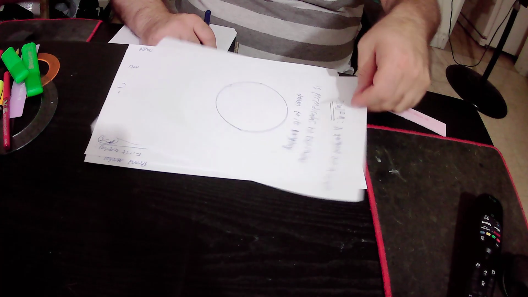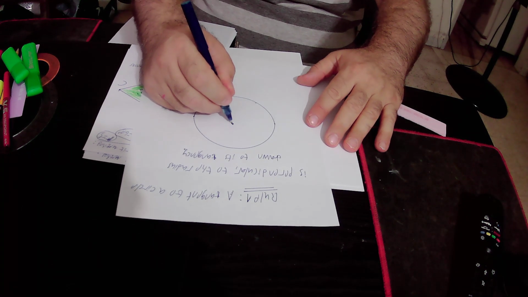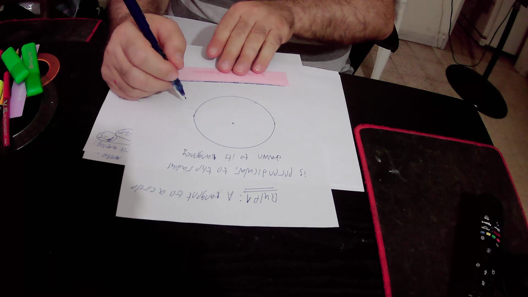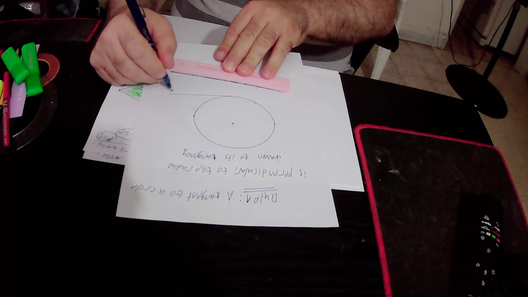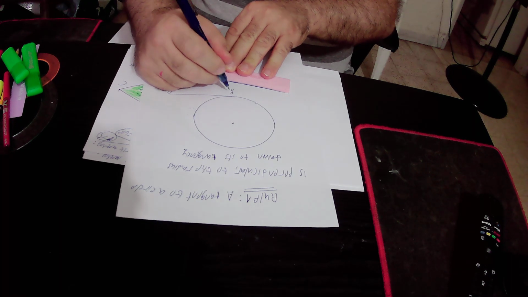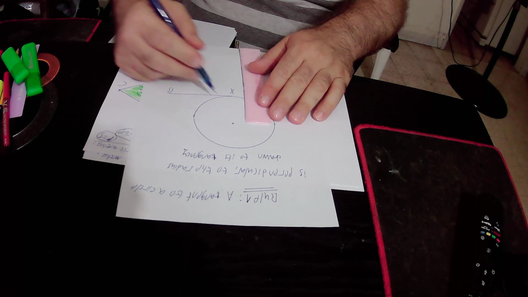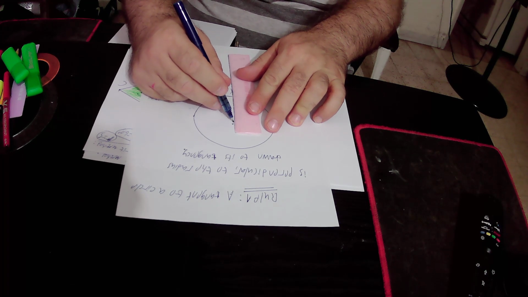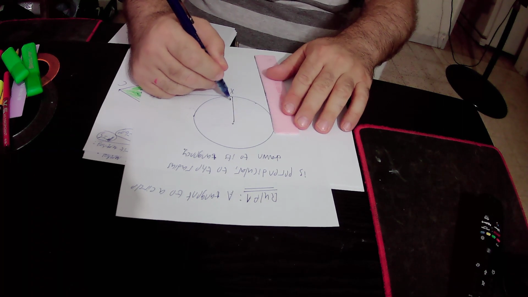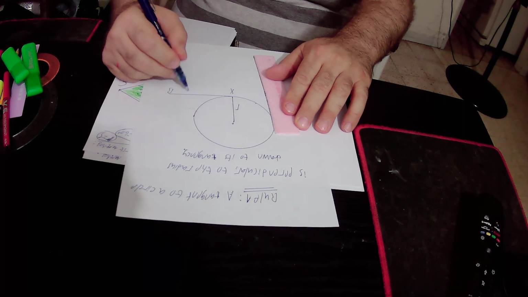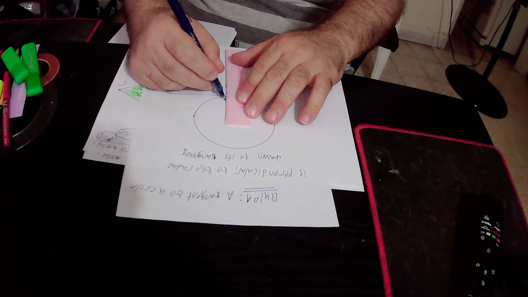So actually, if we have this radius and here tangent BX is tangent to this circle at point X, and we have the radius that is drawn to the point of tangency, that is to say to point X, then the tangent will be perpendicular to the radius, that is to say this angle will be equal to 90 degrees.